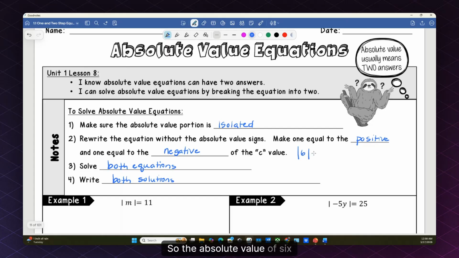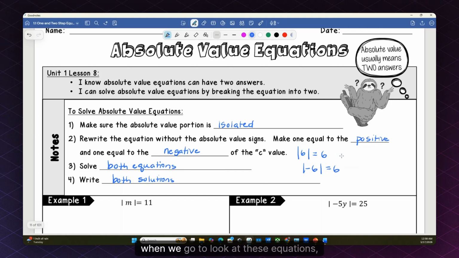So the absolute value of 6 is 6, but it turns out the absolute value, whoops, let me erase that. I got a little carried away. The absolute value of -6, because it's the distance from 0, is also 6.